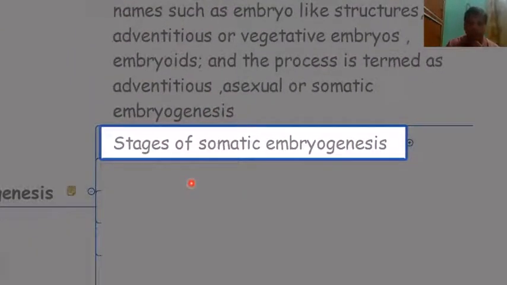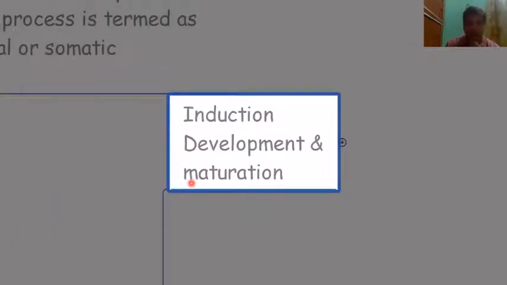Then let's discuss the different stages of somatic embryogenesis here. We classify the different stages of somatic embryo development into three categories: induction, development and maturation. Remember that we are talking about in vitro somatic embryogenesis, in which somatic embryo formation takes place in these different stages: induction, development, and maturation.